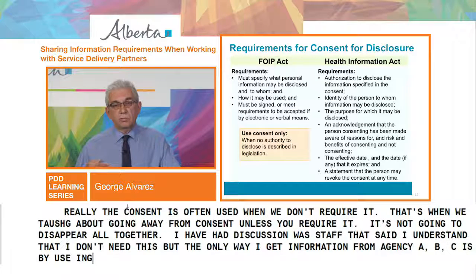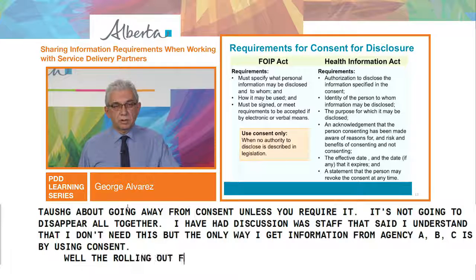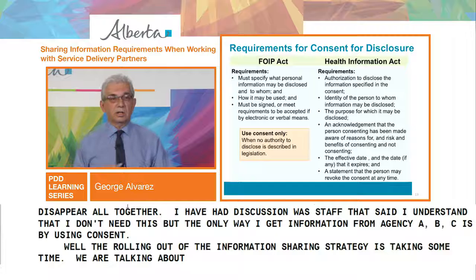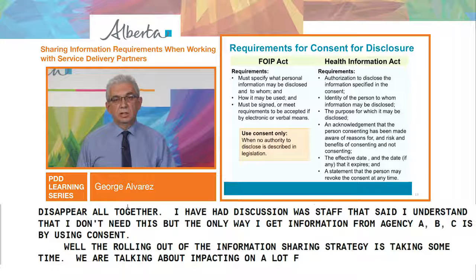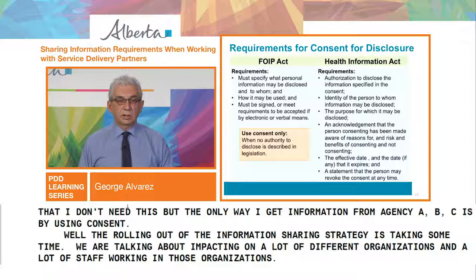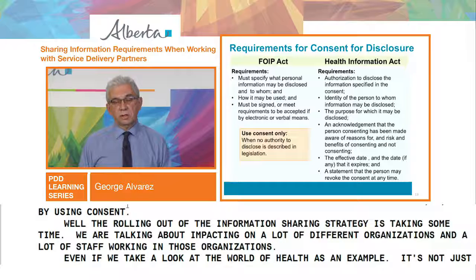Well, the rolling out of the information sharing strategy is taking some time. We are talking about impacting on a lot of different organizations and a lot of staff working in those organizations. Even if we take a look at the world of health as an example, well, it's not just Alberta Health, it's Alberta Health Services, and they've got 120,000 employees.